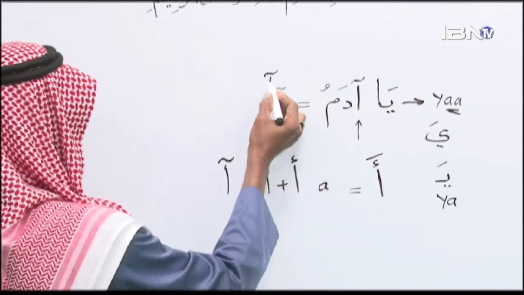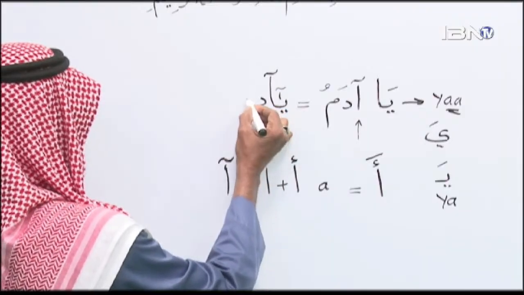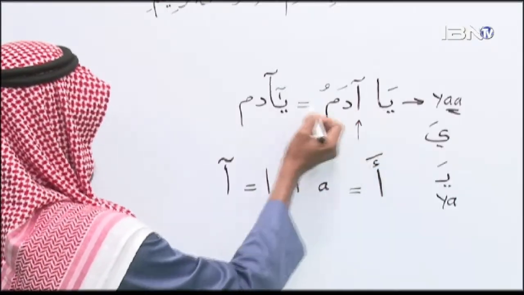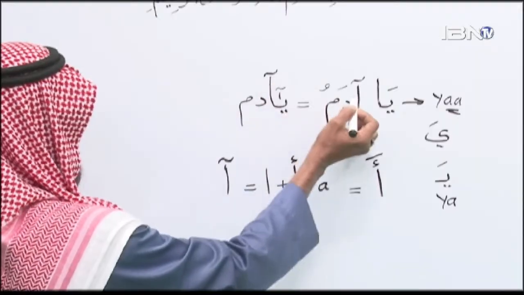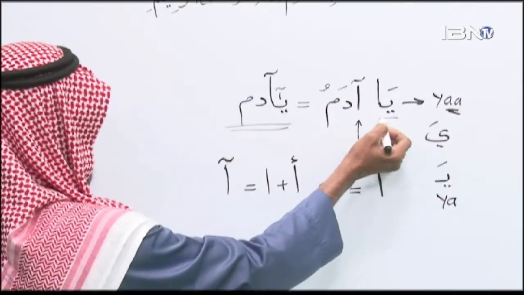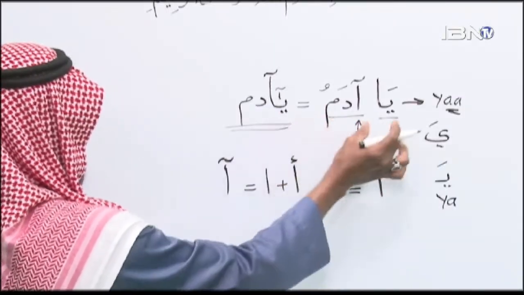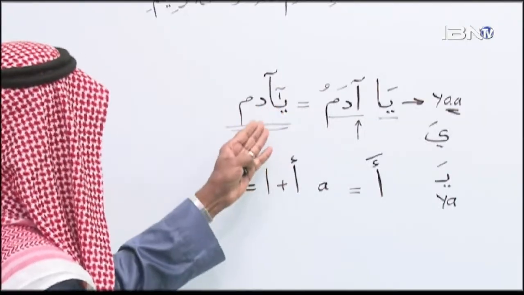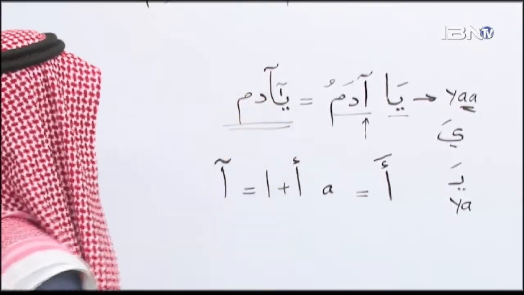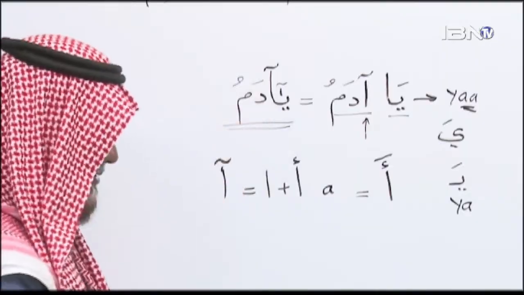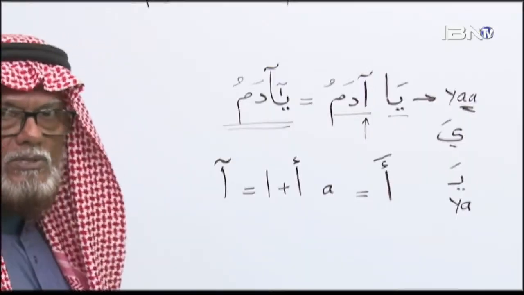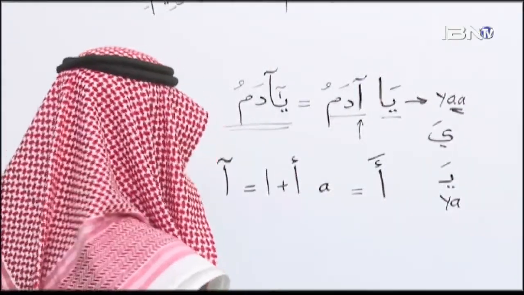So it's ya, Ya Adamu. It looks like you're seeing two words, one word here and another word here, but the two have been joined together, and this is the end result. So you have Ya Adamu. All right? So that's one of the examples. Then we can look at other examples also, with other words.